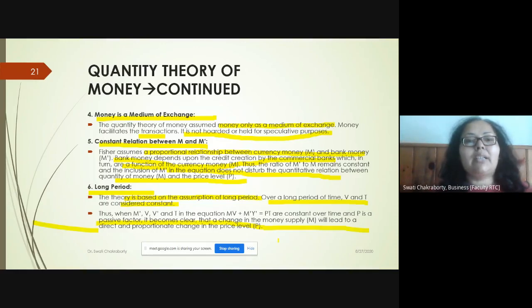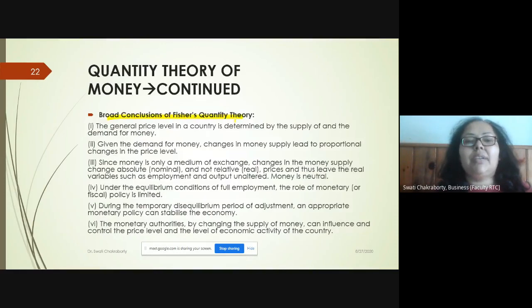So what are the broad conclusions in Fisher's quantity theory? Firstly, the general price level of a country is determined by the supply and the demand for money. Secondly, given the demand for money, changes in money supply lead to a proportionate change in the price level. Thirdly, since money is only a medium of exchange, changes in money supply change absolute and not relative prices.